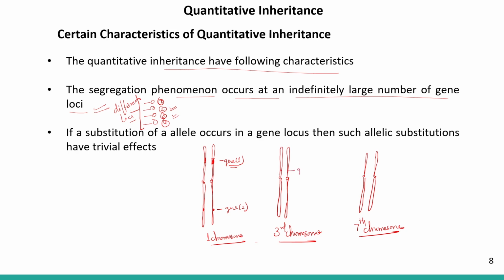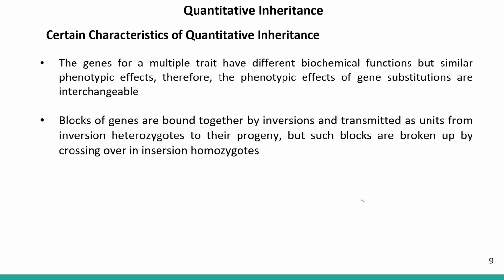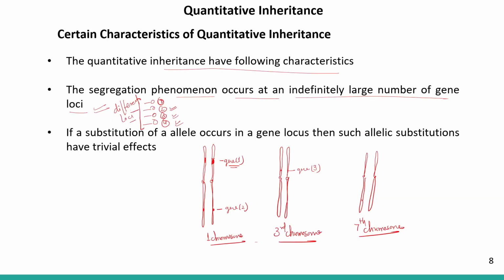And gene 4 is located on the 7th chromosome. This is gene 4. Now, these genes govern one character or trait.